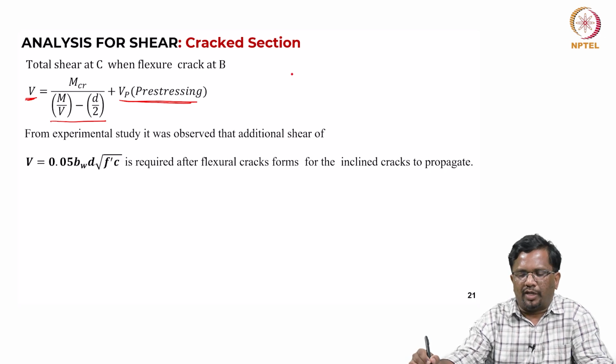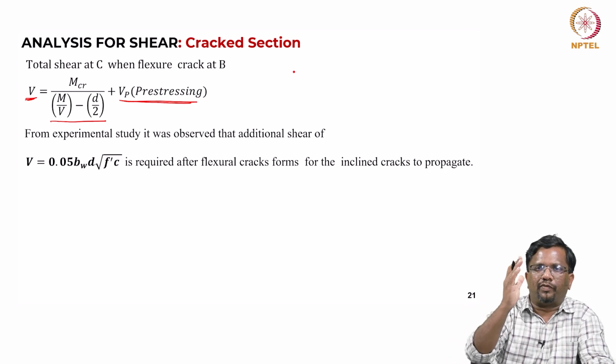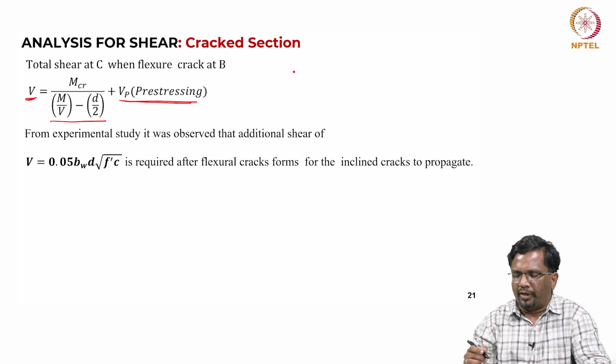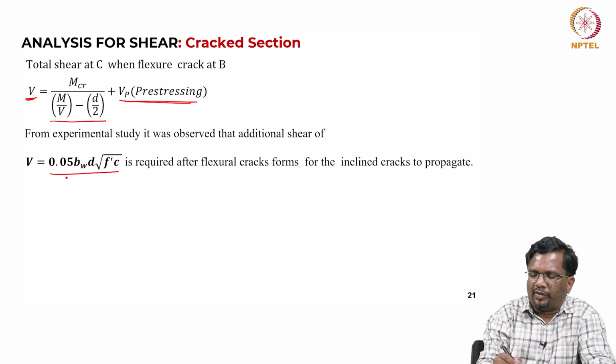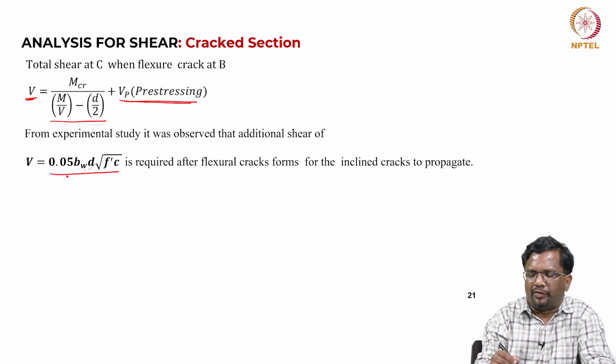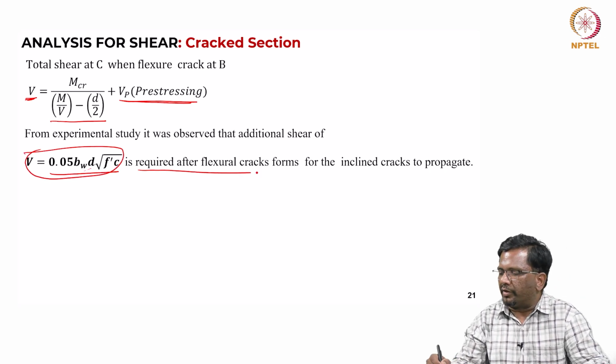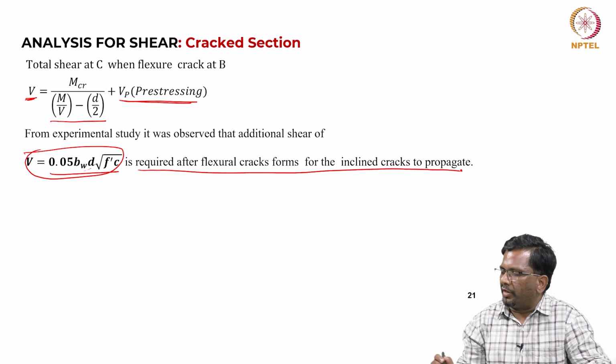The section has already cracked in flexure, so what is the additional shear that I need to apply to convert that flexural crack into a shear crack? As I said, it is expressed as a function of your compressive strength, that is 0.05 into bw d into square root of f prime c. Different codes give you different values, but you can take this value. It is required for the flexural crack to form the inclined cracks to propagate.